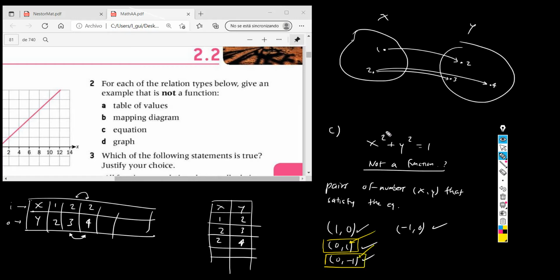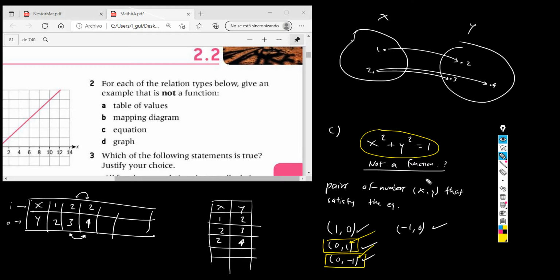Therefore, that's what makes this equation not a function, because the points that satisfy this equation are violating the definition of function, which is that for one input we should get only one output. These 2 points in particular are violating this very fact.